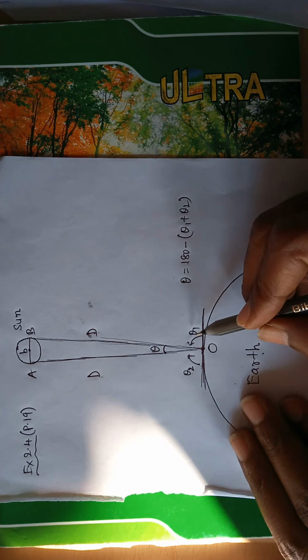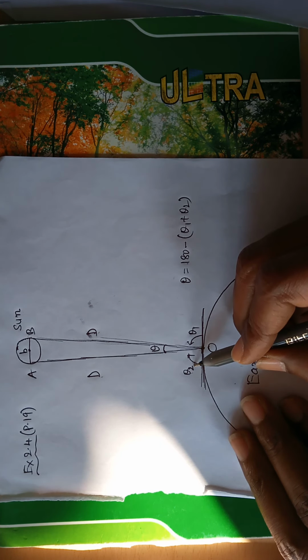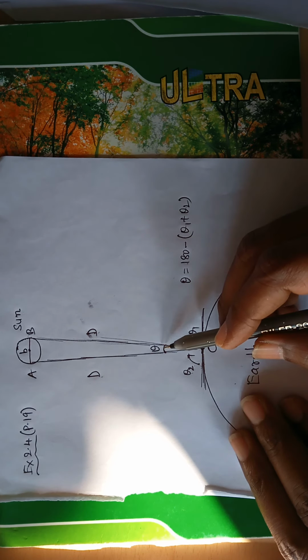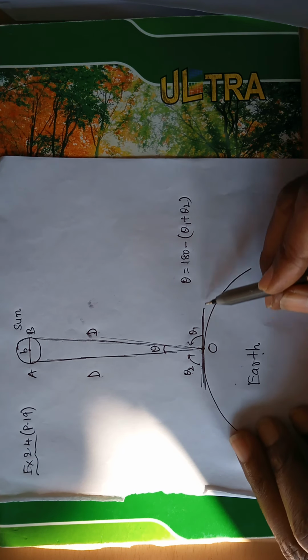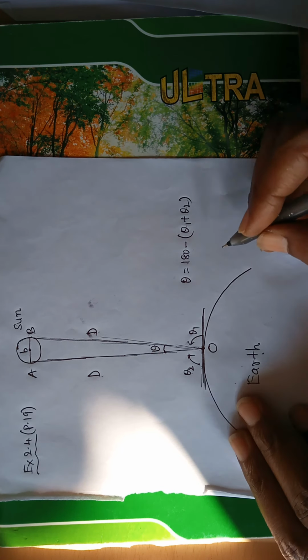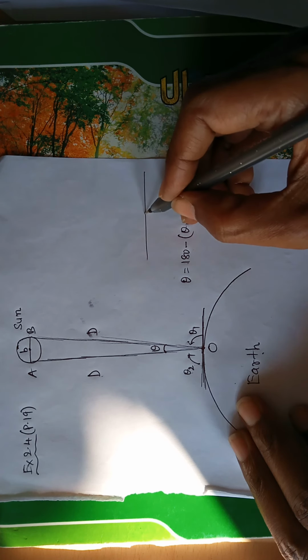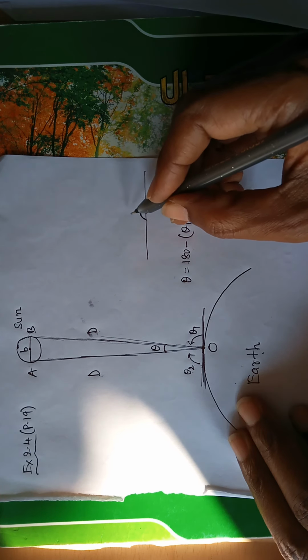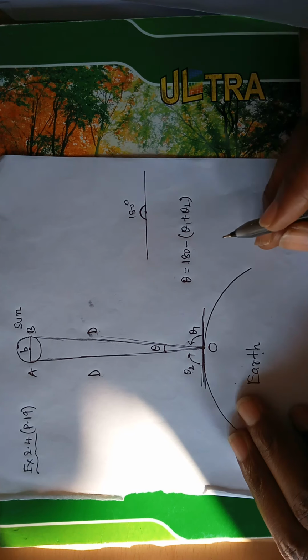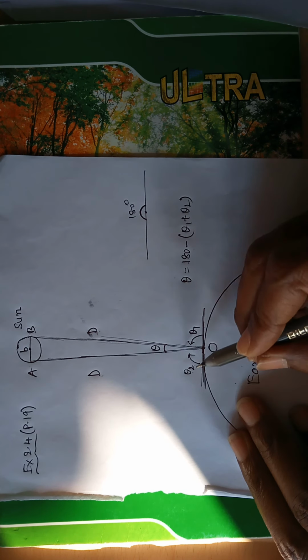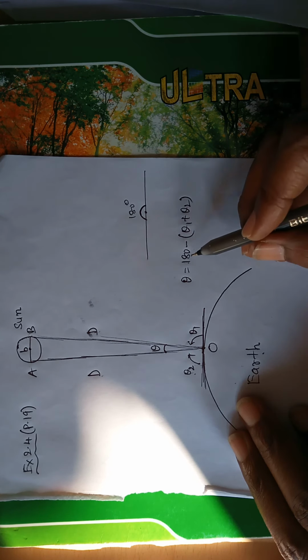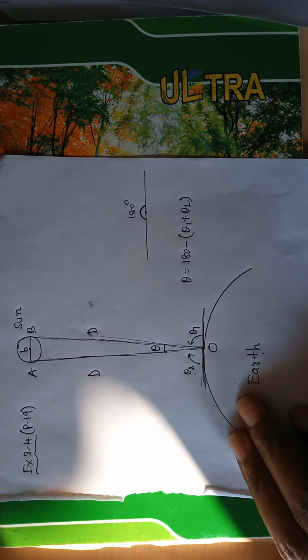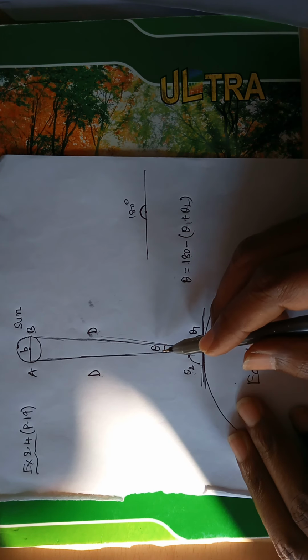So once you measure theta 1 and theta 2, theta can be found because this is a horizontal plane, this is a straight line, you know very well. Around the point, this is called straight angle, and the straight angle is 180 degrees. So adding these two and subtracting from 180 degrees, you get this theta angle. So in this way, experimentally you can find theta angle.